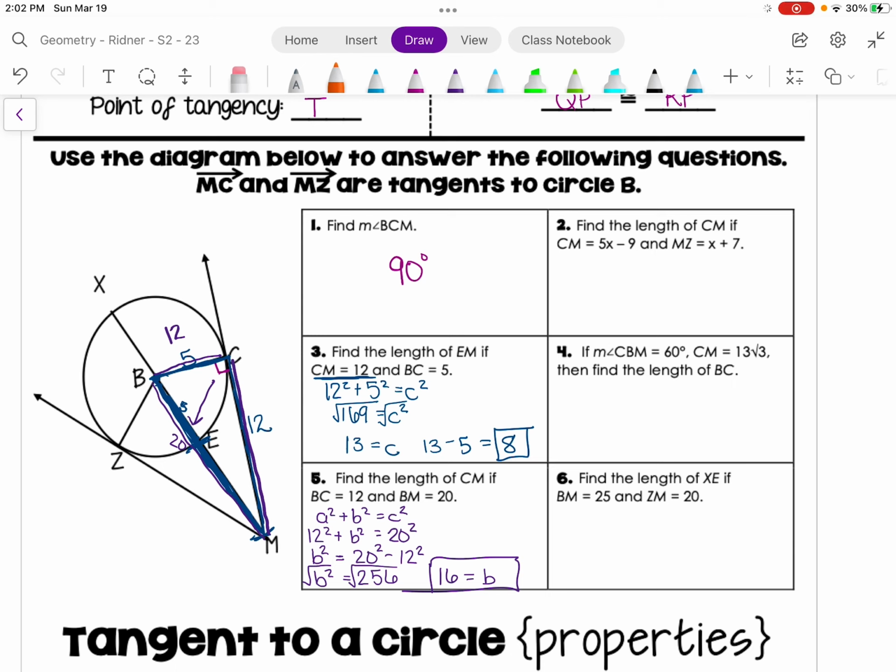Find the length of CM if CM equals 5x minus 9 and MZ is x plus 7. Well, remember our other theorem that we talked about said that these had to be equal to one another. So I'm going to set them equal to one another and solve.